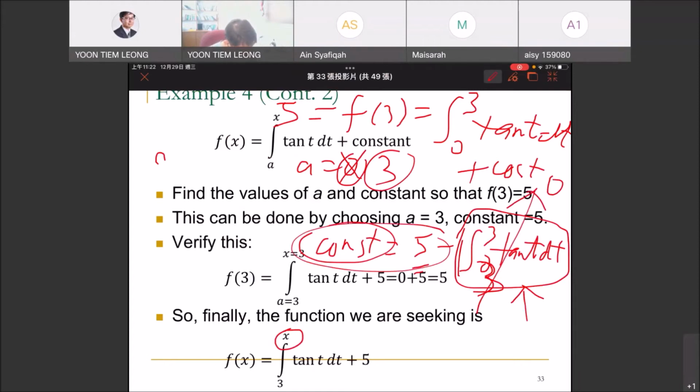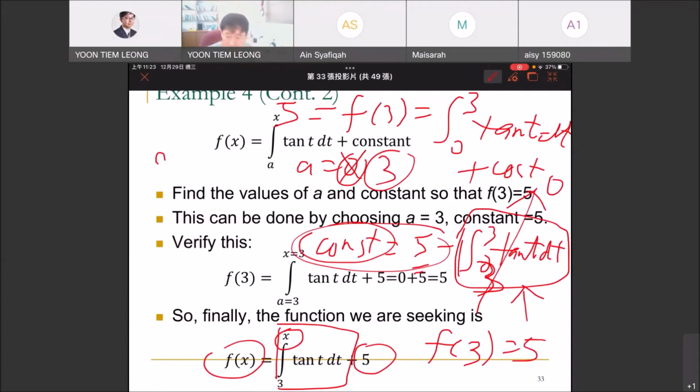So I am now in the correct position. The choice of my function f is just an integral function, made up of the integral of tangent t dt from 3 to x plus a constant. That will fulfill the condition that f evaluated at 3 is equal to 5. So that solves the problem.